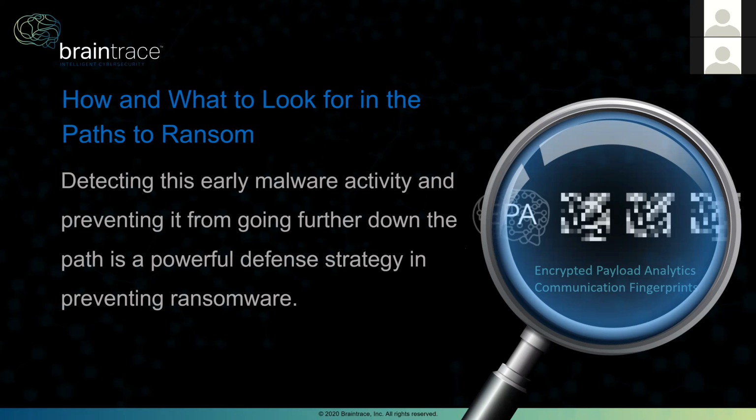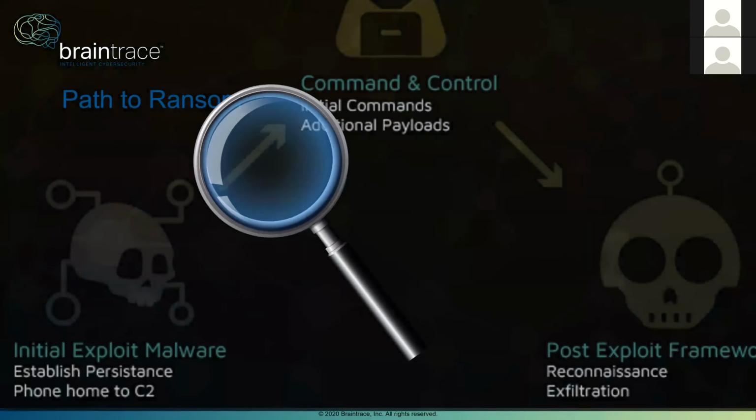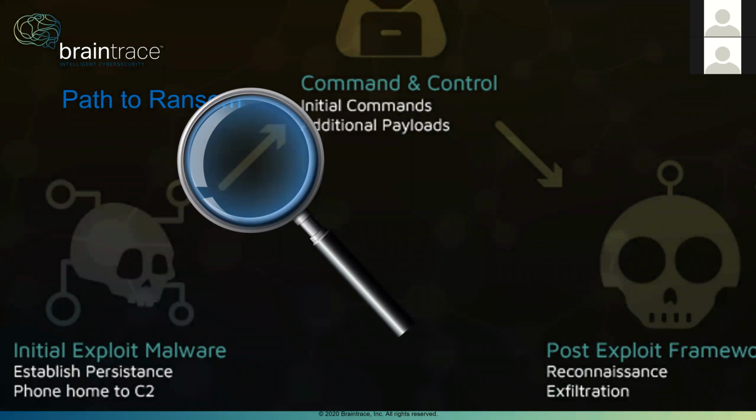There's also something called a post-exploit framework. This guy over here on the right, the post-exploit framework, is sent down by the command and control servers to do additional things on the network. So this is the second part of the ransomware attack.